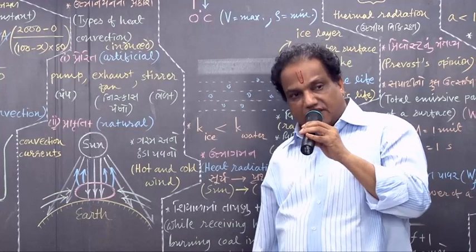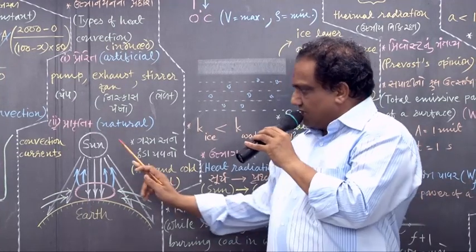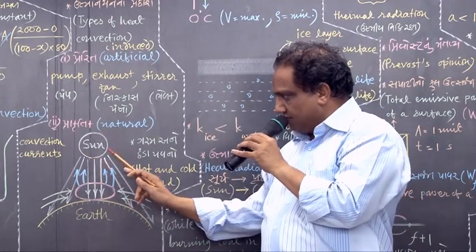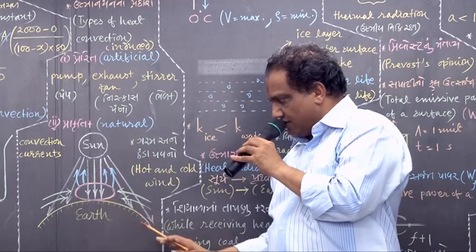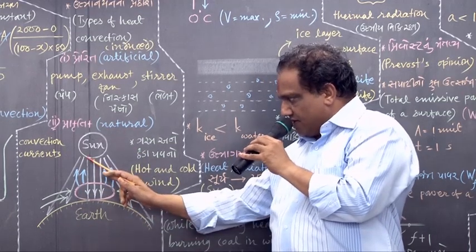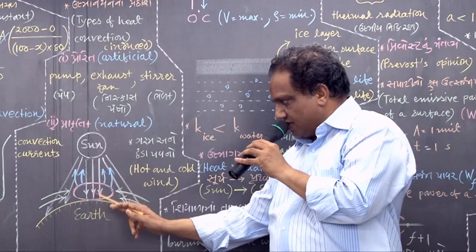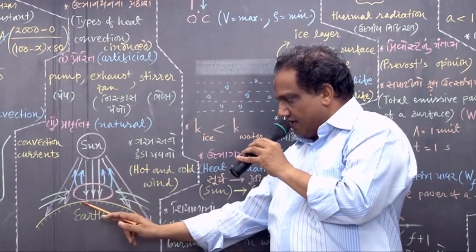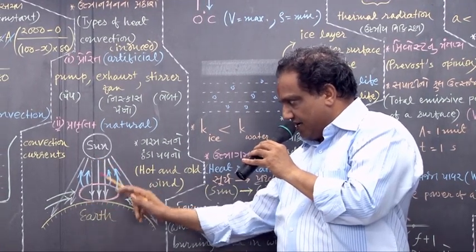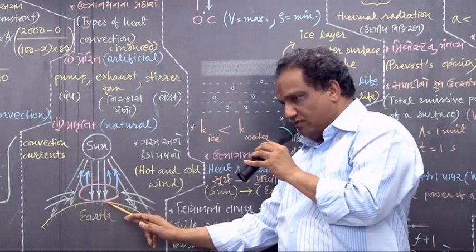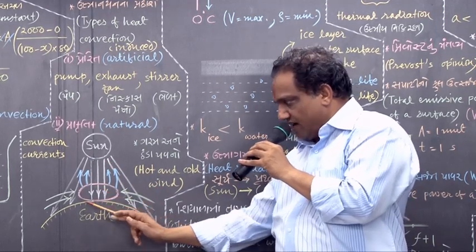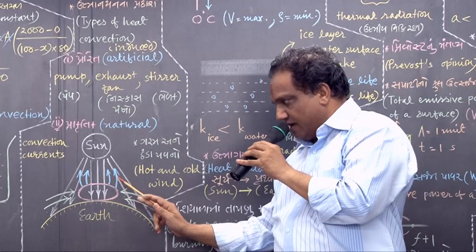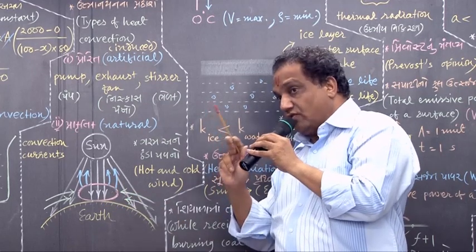Due to density difference. I'm showing you how. Say this is sun. Say this is surface of earth. From sun, solar radiation is emitted, and in this part it is incident normally, perpendicularly. So this part of atmospheric air is heated by more amount and heated quickly also.